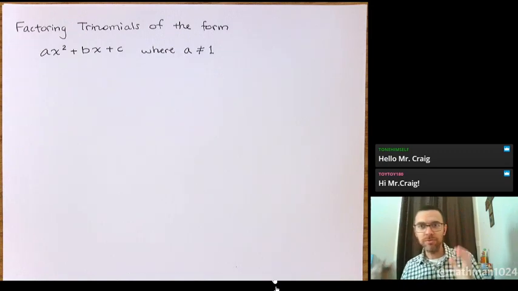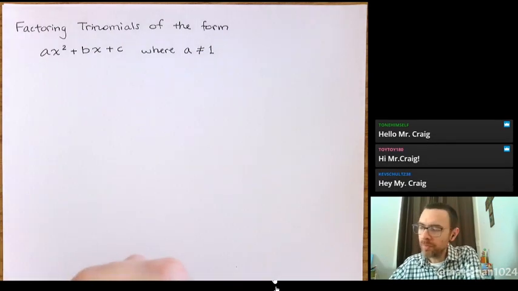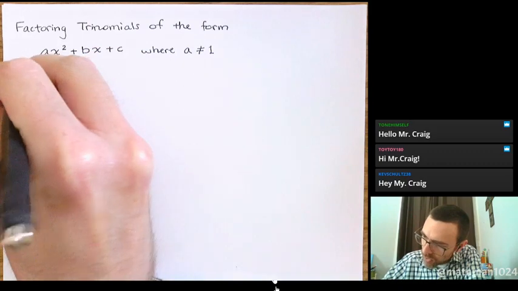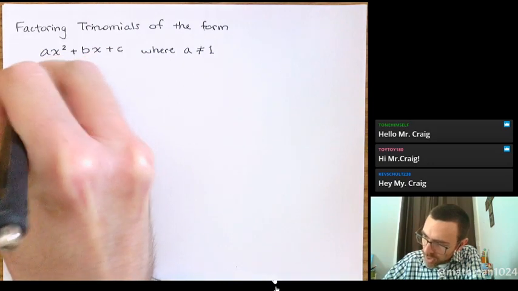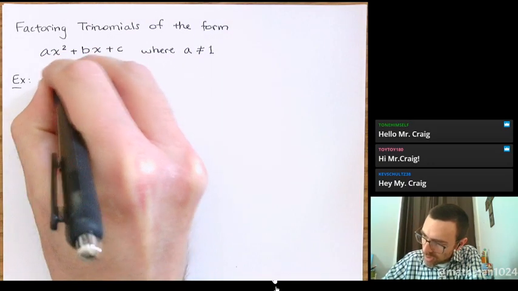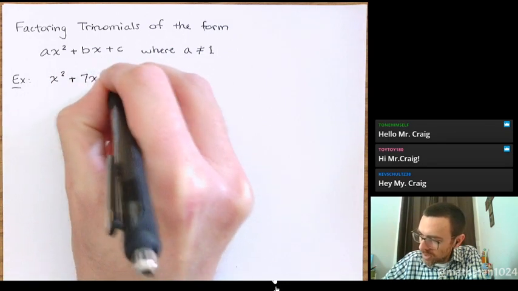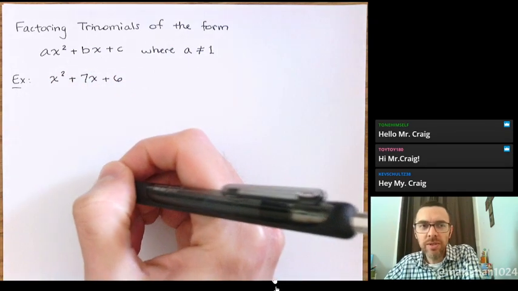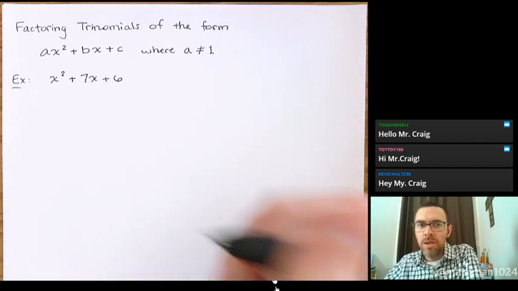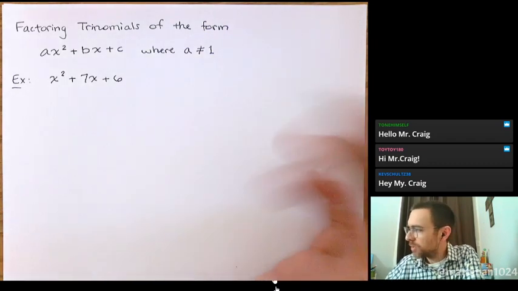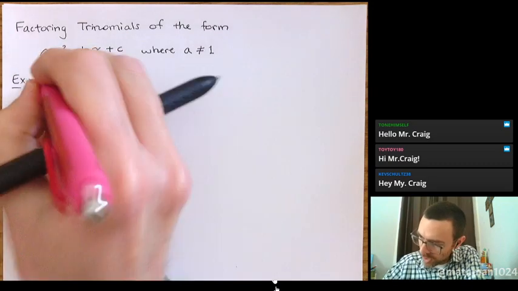So we're here for the big stuff. You're here for factoring trinomials, the stuff that tends to throw us all off, mess us up because the lead coefficient is not 1. So, for example, yesterday if I were to take x squared plus 7x plus 6, this should be a nice, easy one for us because the lead coefficient here is 1.